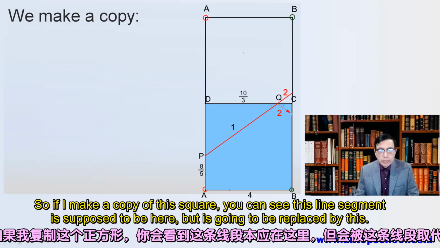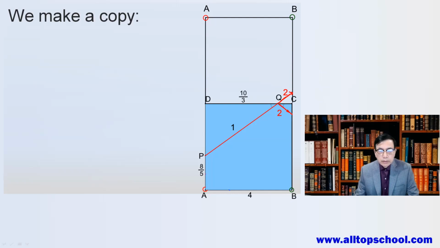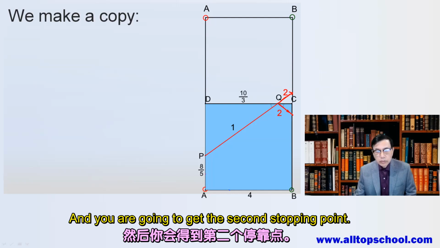So if I make a copy of this square, this line segment is going to be replaced by this. And for C to B, I reflect B here and still continue along CB, and then you get the second stopping point.